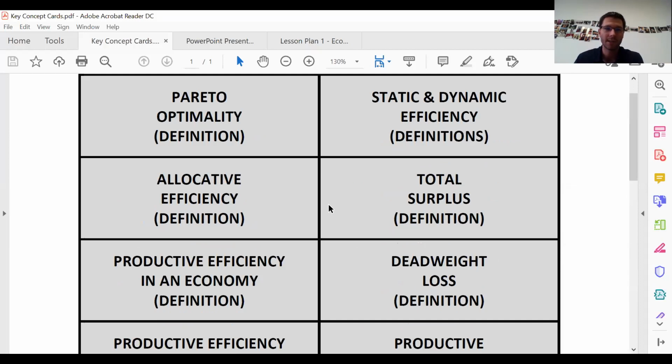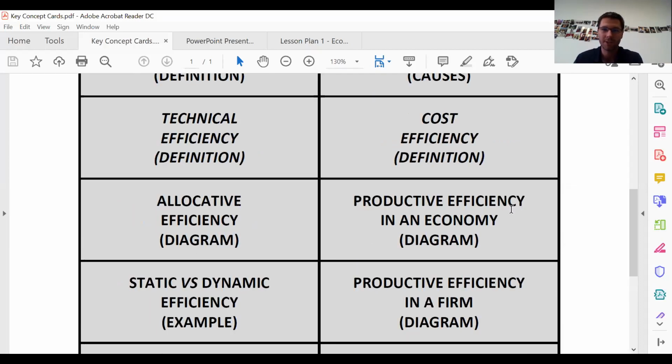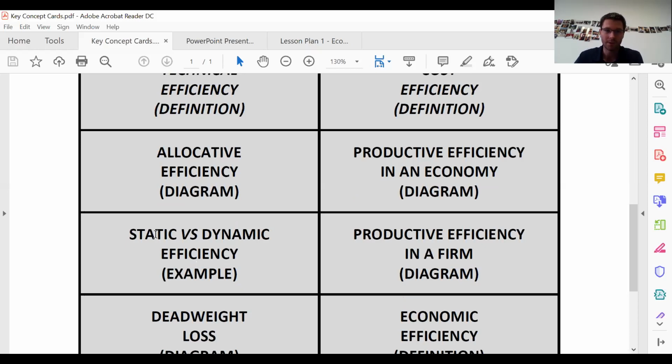If they pick, for example, productive efficiency in an economy diagram, they will have to go to the whiteboard and draw this diagram. If they pick static versus dynamic efficiency example, they will have to use an example, not an example that we have already used together, that would be better, to find an example of a situation that is a good illustration of static versus dynamic efficiency.